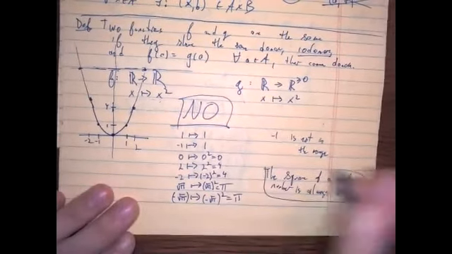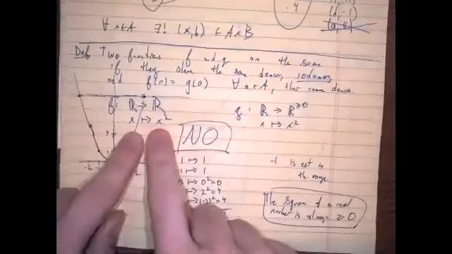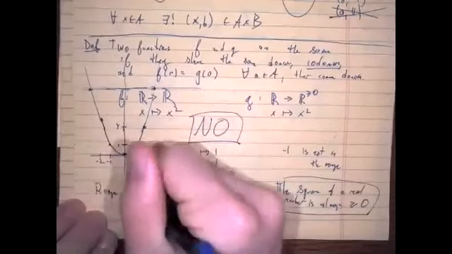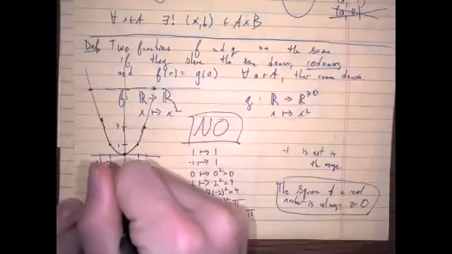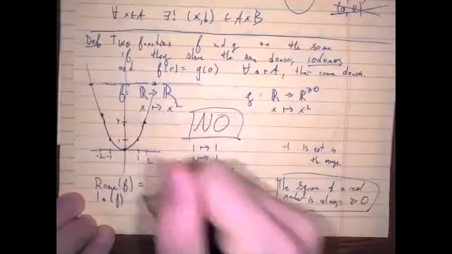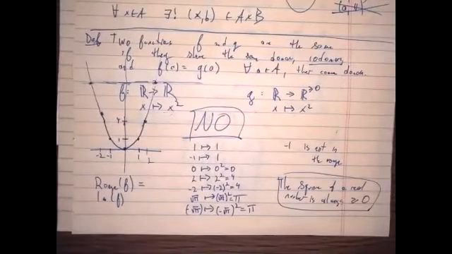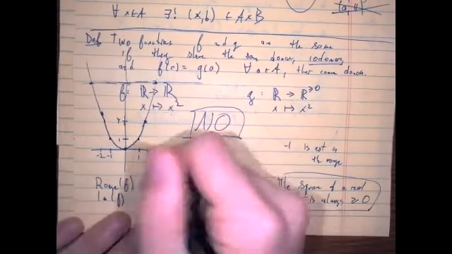So the point is, what is the range of this function? Range of f, or image of f. What is the image of f? This is a set, and it should be a subset of R. Precisely.